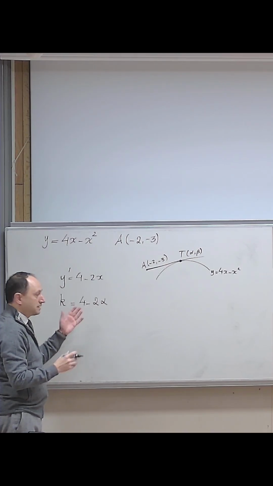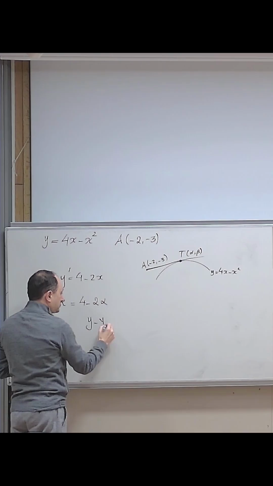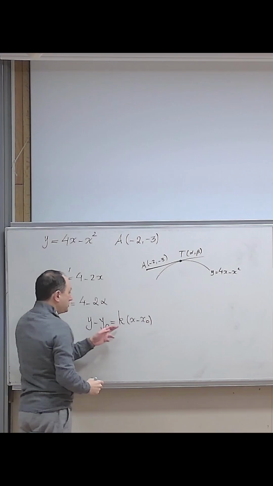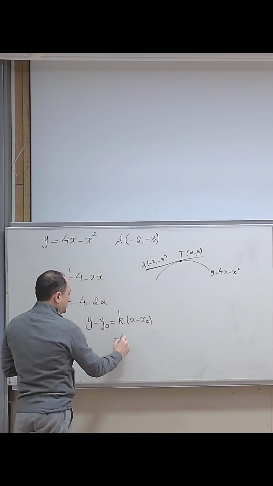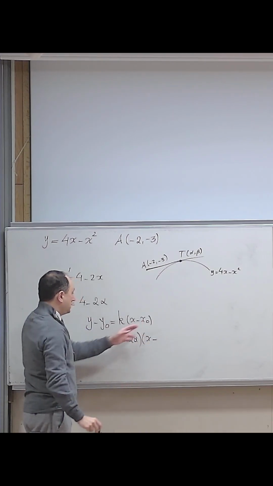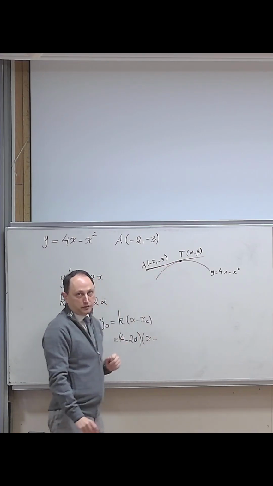So we pretend that everything is given to us. Then I would write my equation, y minus y naught equals k times x minus x naught, in which k is 4 minus 2 alpha. x naught and y naught could be any point of this line, so let us choose the point of tangency first.